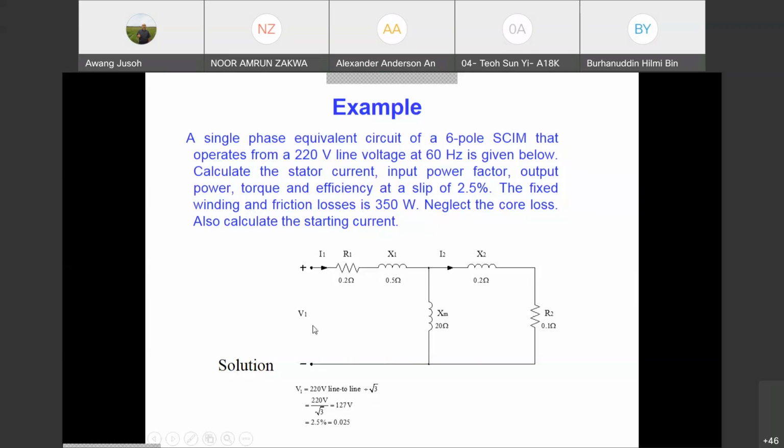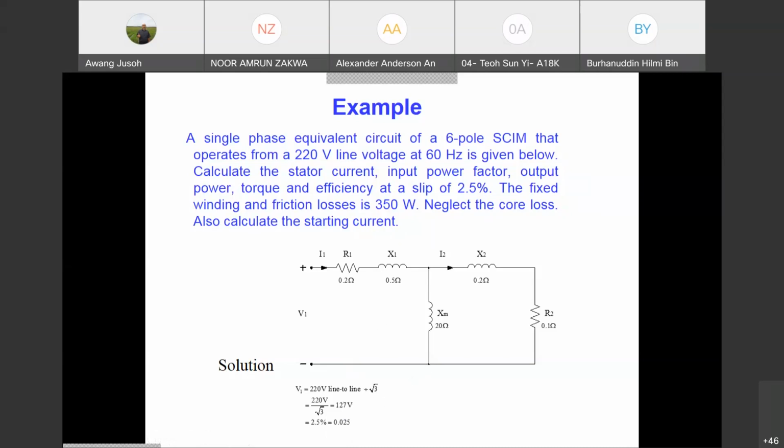Then we get the voltage we want per phase, 127. And slip 2.5%, which is 0.025. Okay, clear?